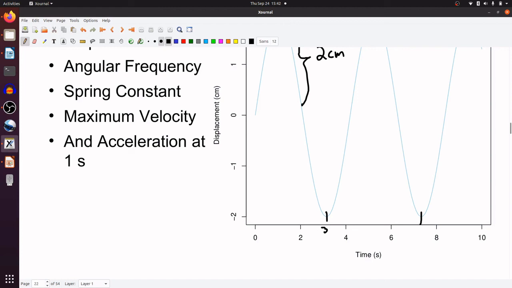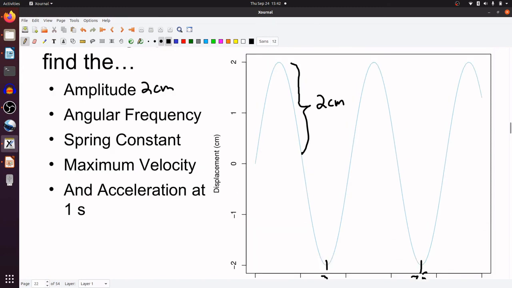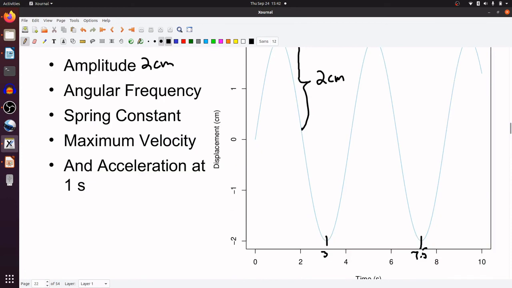This one's a little bit further out, so I'm going to say 7.5. Okay, so the period is going to be 7.5 minus 3, or around 4.5 seconds.